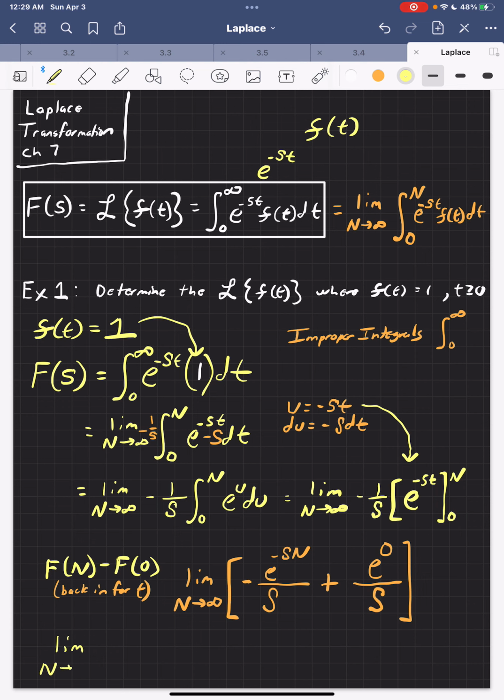I understand that if you saw that limit, you started thinking, oh my gosh, are we going to do delta epsilon again or something of that nature? But no, these are going to be pretty easy limits. So I'm going to just move this e to the negative sn from numerator to denominator, because I don't want that negative exponent. And this is going to be plus e to the 0 is 1, so it's just 1 over s.